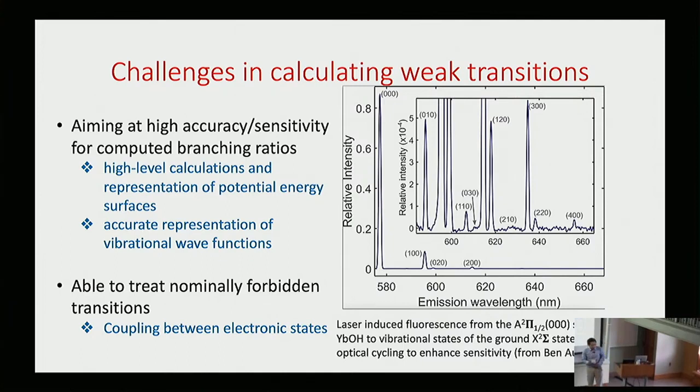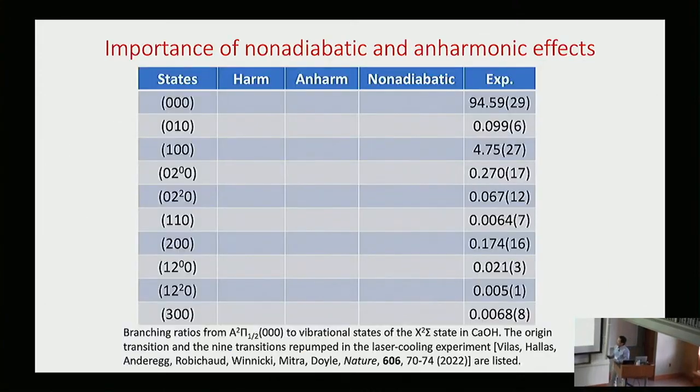And for state-of-the-art quantum chemistry calculation, it is always a challenge when one has to include more than one electronic state. So I would like to use a table to show you the importance of the non-adiabatic effect and anharmonic contribution before moving on to the technical details of these couplings.